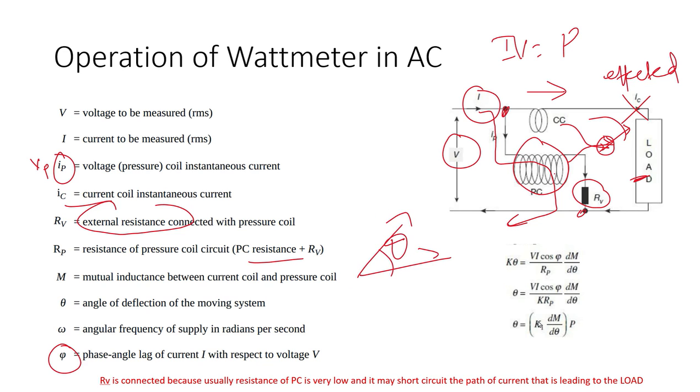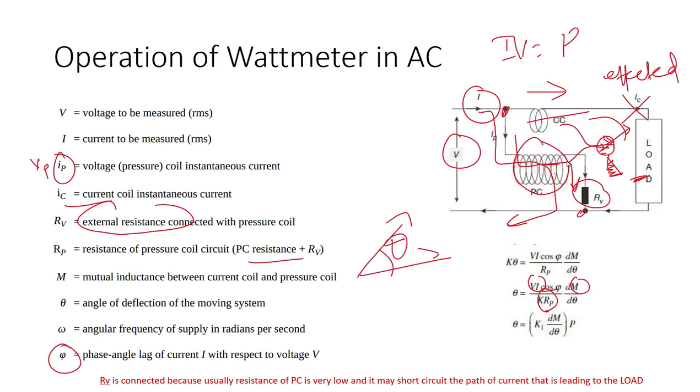So theta depends upon I V cos phi, this RP, and the mutual inductance of this coil with this rotating mechanism. So this is the operation of the wattmeter, how the wattmeter operates. It operates when the current flows through this and the current flows through this.